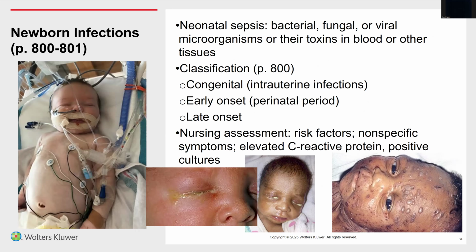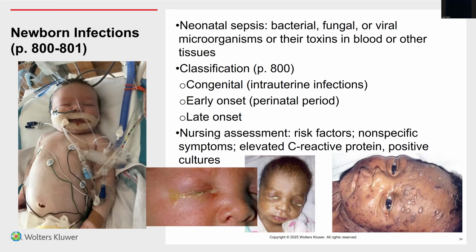Risk factors include a ruptured membrane greater than 18 hours, maternal intrapartum fever, chorioamnionitis, prematurity, and low birth weight in the babies. These babies just look sick or not right. Their color is usually off.